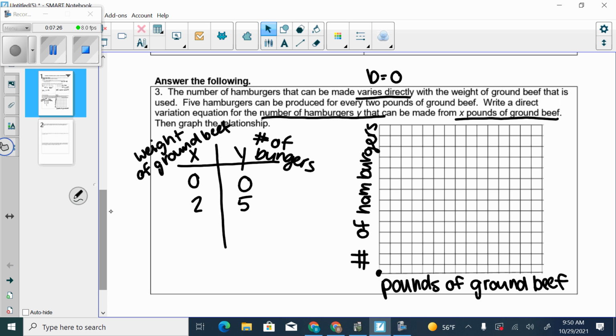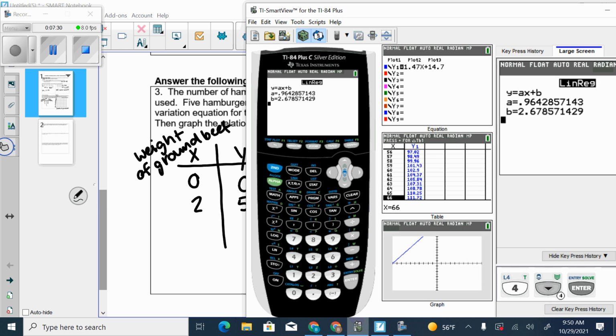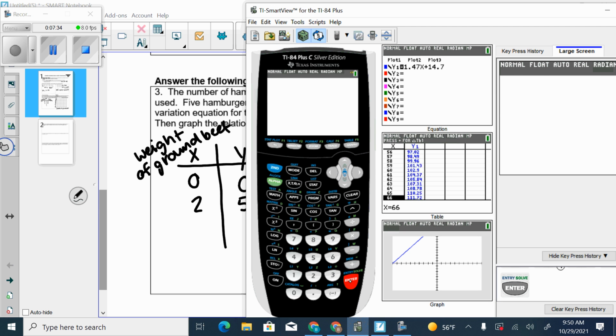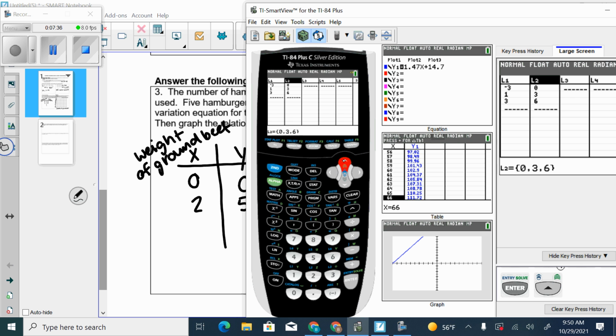Okay? So I could go type these in my lists. So go to Stat, Edit, clear out what we have in there. In list 1, we list our x's, which are 0 and 2. In list 2, we list our y's, which are 0 and 5.